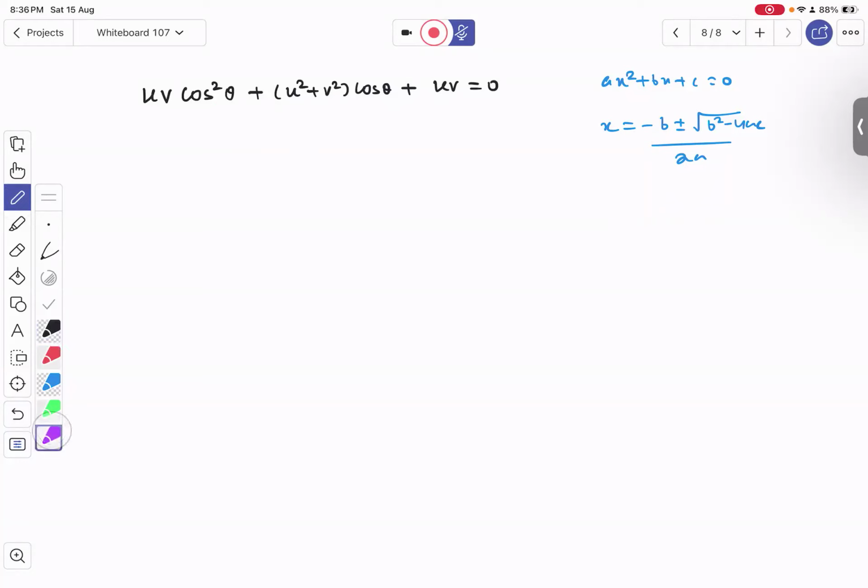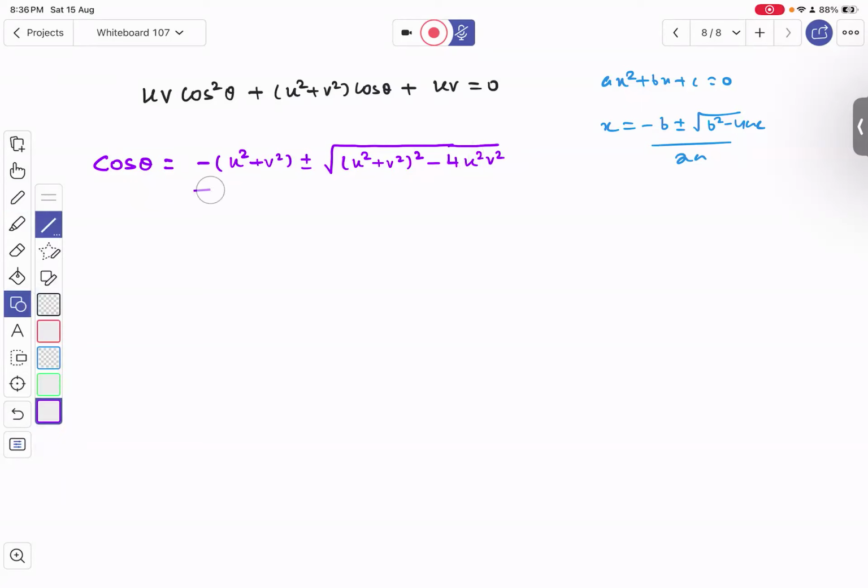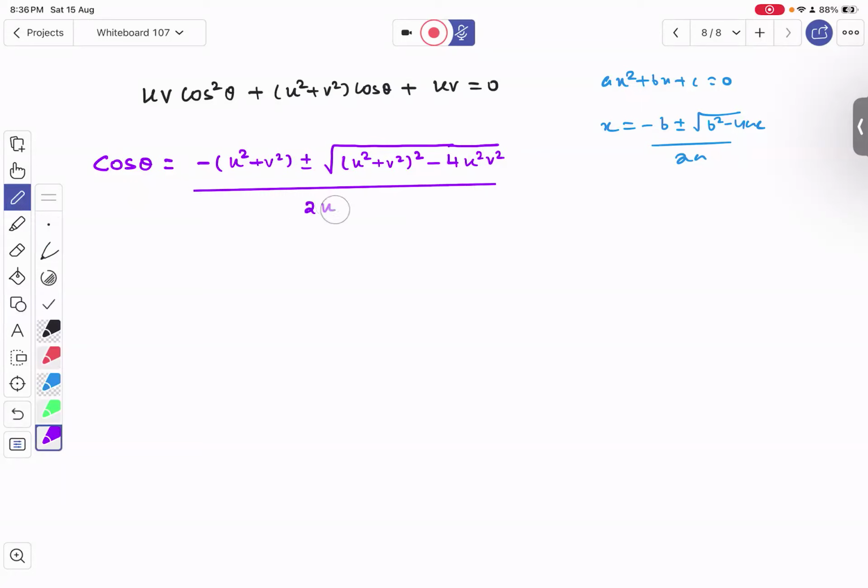So cos theta is going to be minus b, that will be minus of u square plus v square, plus minus root of b square, that will be u square plus v square whole square, minus 4ac, which becomes 4u square v square, by twice a, that will be 2uv.